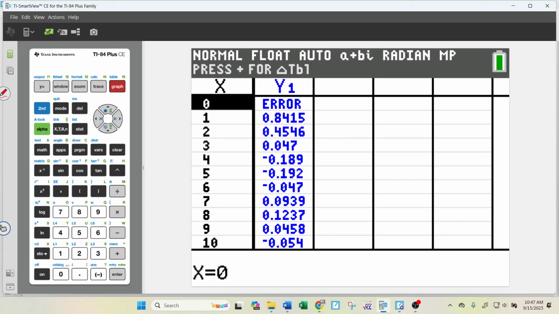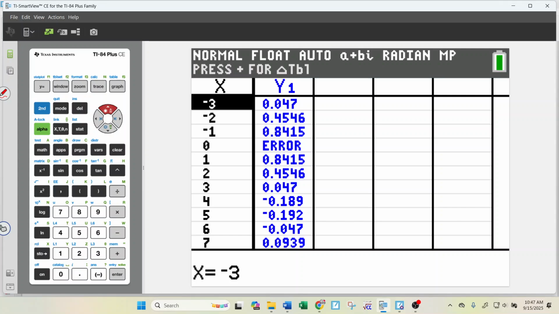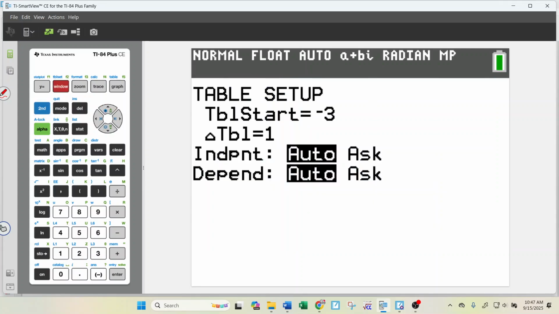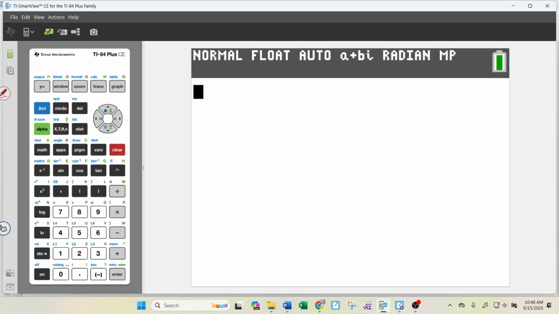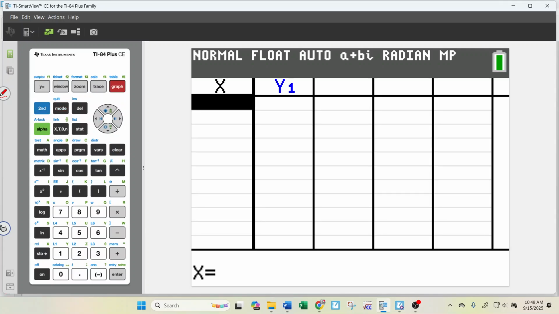And you can see I have an error at 0, because if you put 0 in, you get 0 over 0, right? Now, one thing I can do here to help us out, I'm going to go over and change this to ask. So watch what that does here. So I'm going to put in a number. If I put in 0, I get error.